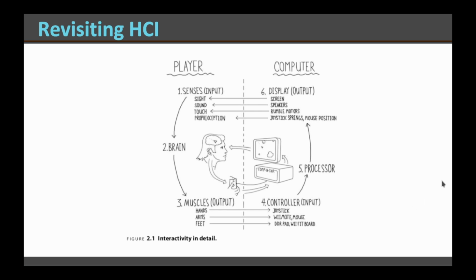So we go here. This line is the line between silicon and meat. So starting here at the front, we take in what's on the screen, what's coming in through the sound, what's coming in through rumble sensors, vibrations and other tactile sensors in your controllers, in your haptic vests, whatever you've got on.